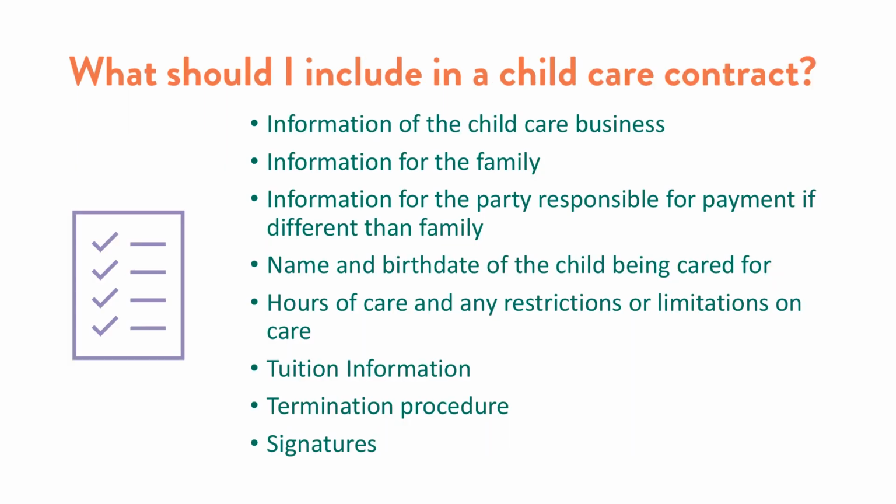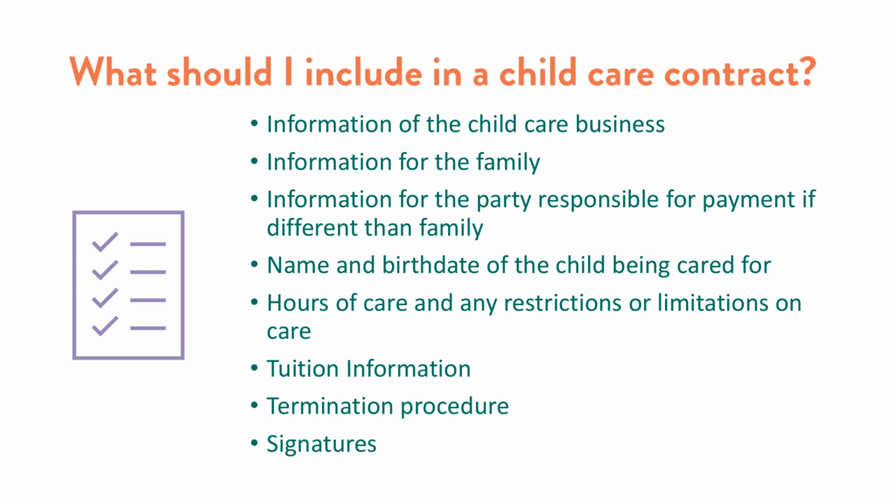What should I include in a childcare contract? Childcare contracts can differ between childcare businesses because each provider has their own way of doing things. However, all agreements should include basic information about the family, child or children, and childcare business, as well as an outline of the services provided and responsibilities of both parties.